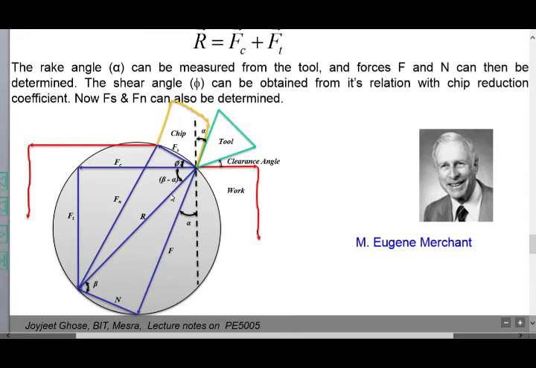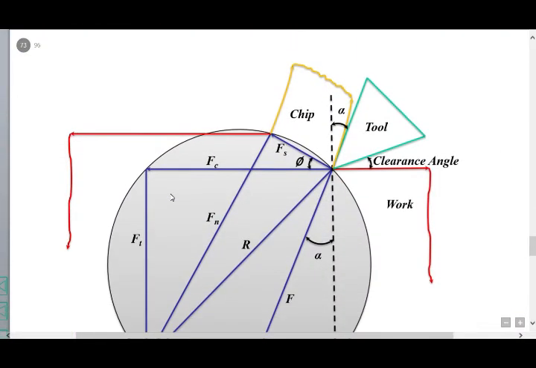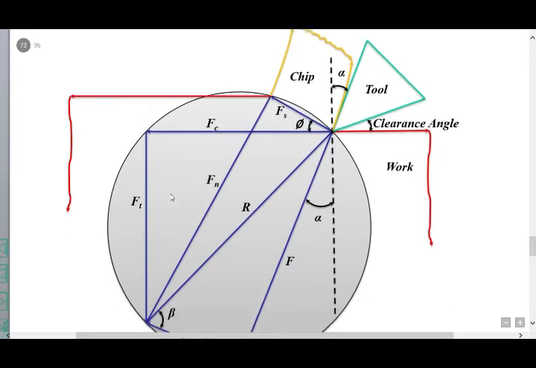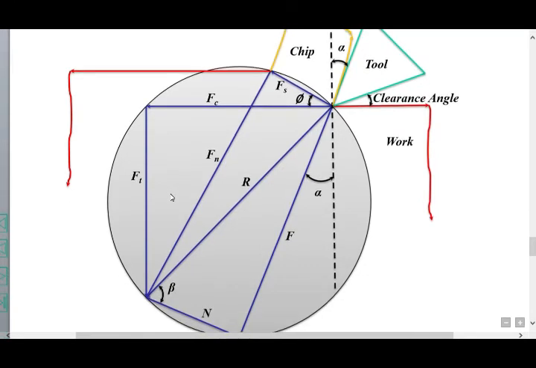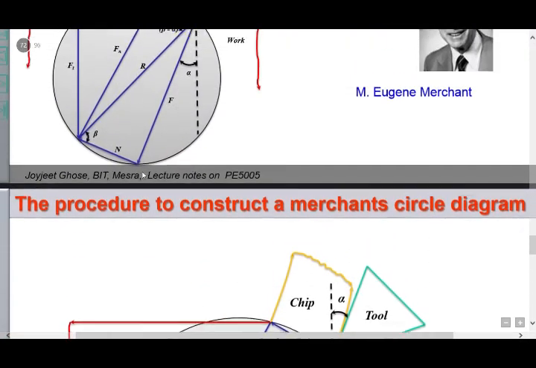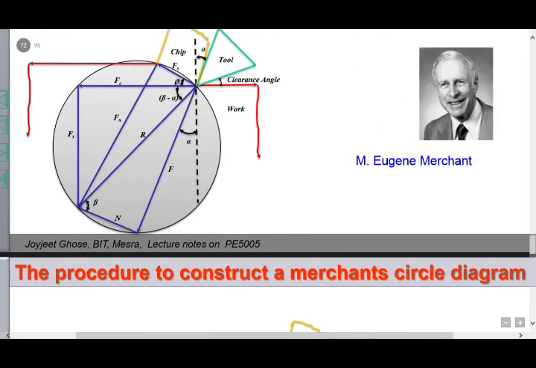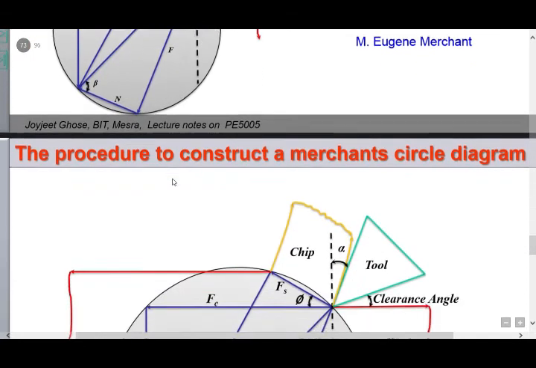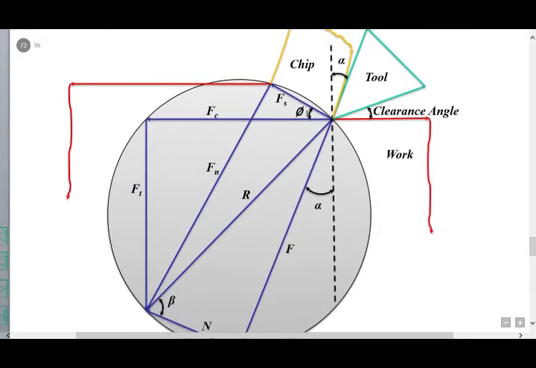In this diagram you observe beta minus alpha and phi, one by one: phi is the shear angle and beta is the friction angle. Phi and alpha relate to the chip thickness ratio, which you already know. Beta is the new one in the Merchant circle diagram, the friction angle.